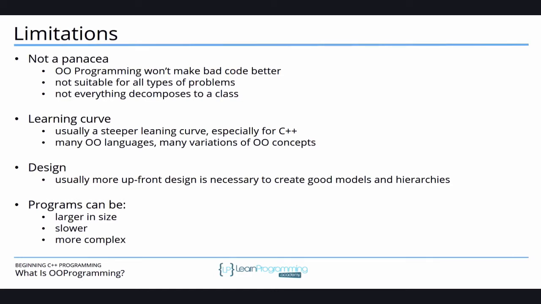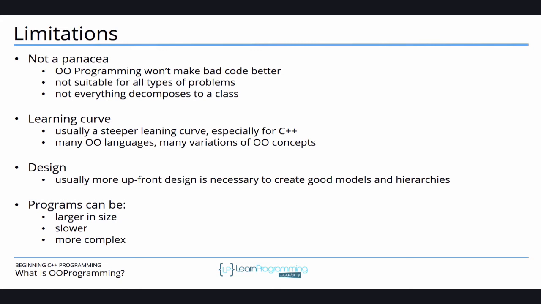Also, there are many object-oriented languages out there, and while they all support classes and objects and so forth, the way that they support them can be quite different, not only syntactically, but also in behavior. As mentioned in the beginning of this video, it usually takes more upfront design time in order to write an object-oriented program. In fact, large object-oriented programs sometimes go through significant upfront design.